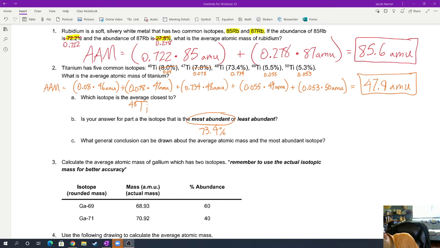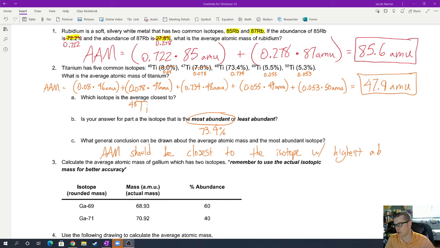Well, your average atomic mass should be closest to the isotope with the highest abundance, or anything similar to that. Basically, because we're doing a weighted average, we're not just doing an average, whichever one has the highest abundance is what's going to have more bearing on your final answer.